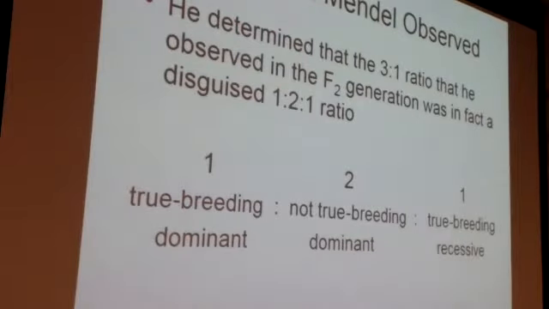That's why it's a monohybrid cross. And these numbers are always associated with a monohybrid cross. So if I ask you on the test, what's the phenotypic ratio for a monohybrid cross, you're going to tell me 3 to 1. What's the genotypic ratio of a monohybrid cross? 1 to 2 to 1.